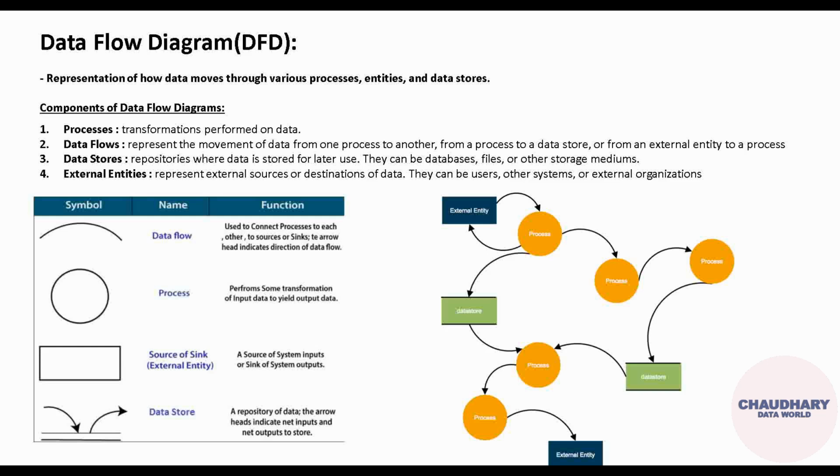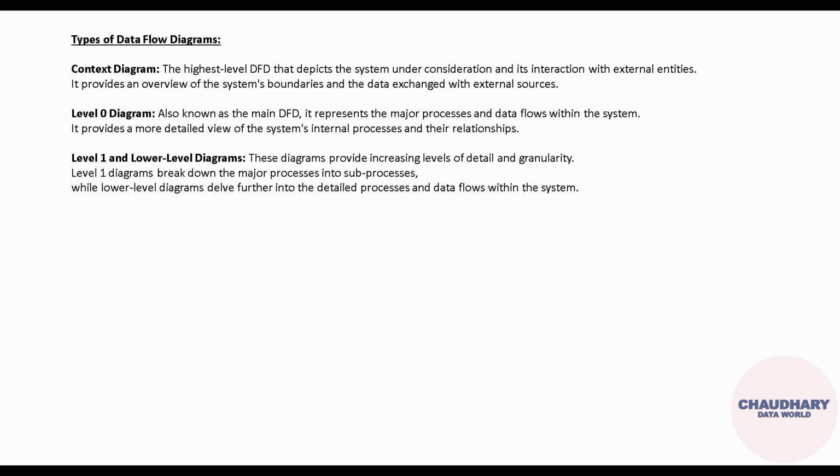This granularity is getting divided, and that division is what we call the types of data flow diagram. So those are the context diagram, which is the highest level of the data flow diagram. That means it will only contain the very overview picture of your whole business system.